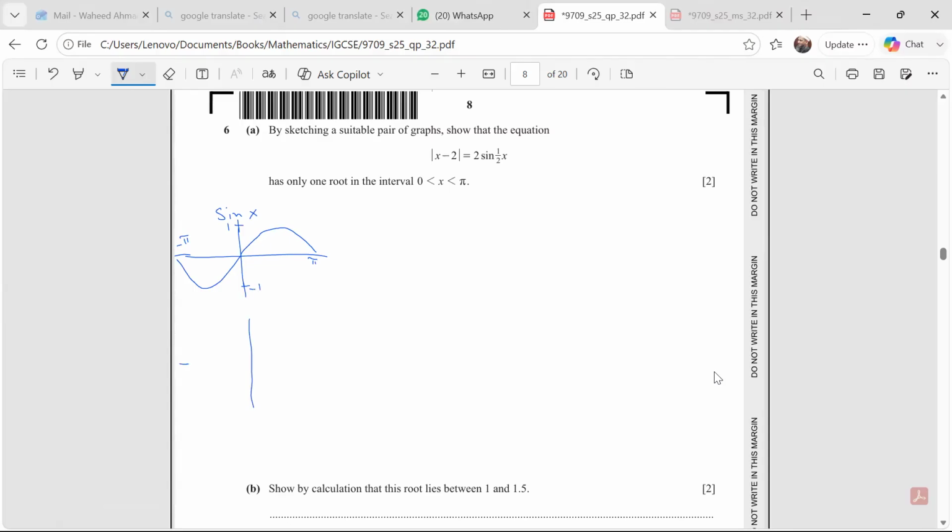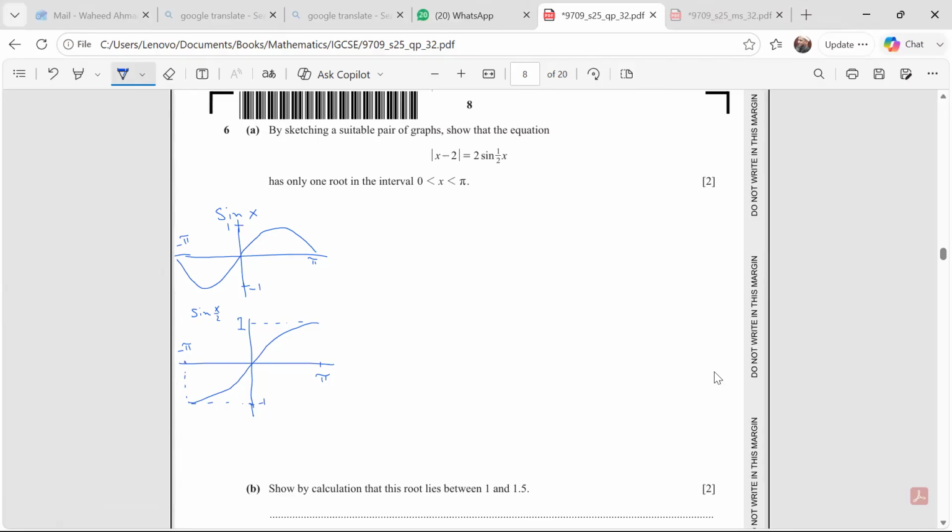Now if I sketch sine x by 2, up till pi it will go half cycle. This is minus pi, and the maximum it goes is 1 and minus 1.